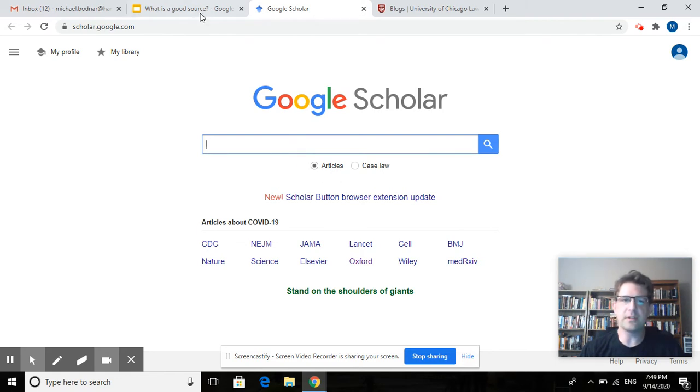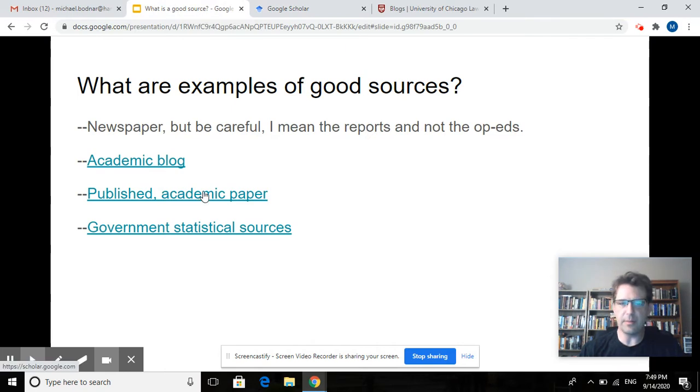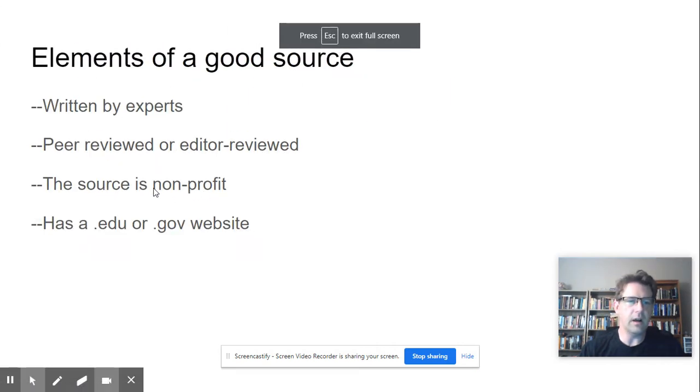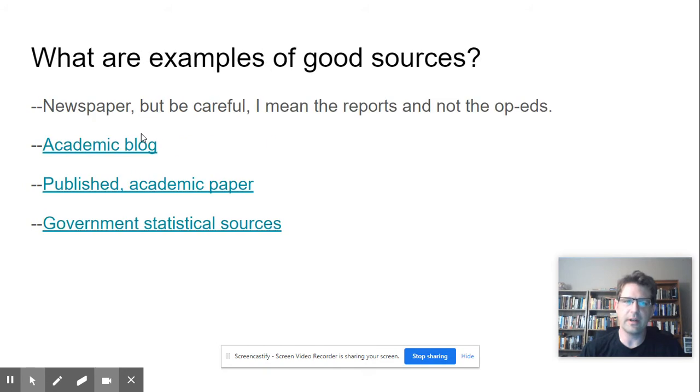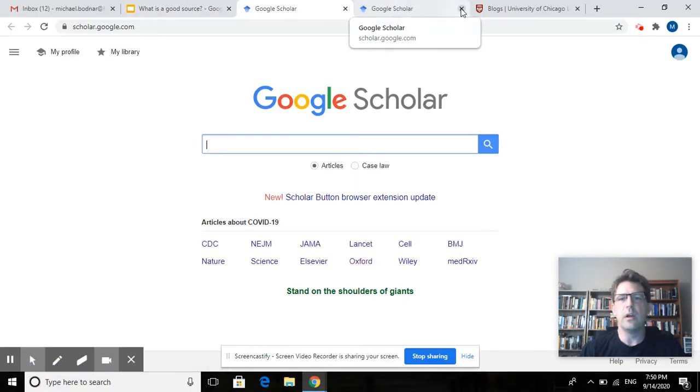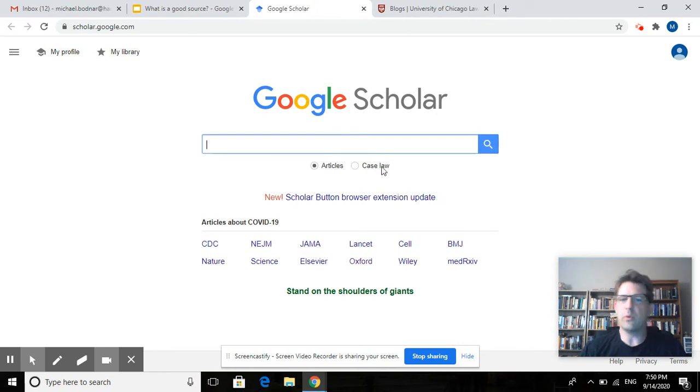This is the gold standard stuff because these published academic papers are nonprofit, peer-reviewed, written by experts. It's got it all. Okay. So you like those academic papers, but we're going to worry about that more later as to how to find an academic paper. Google Scholar is a great place to go.